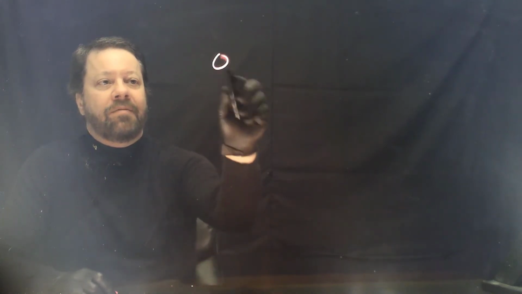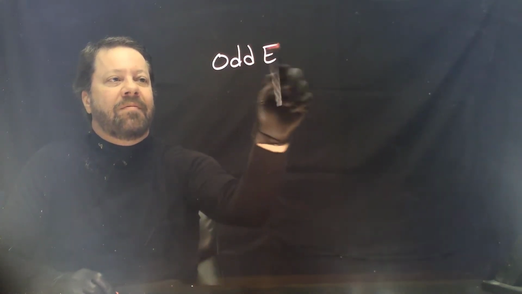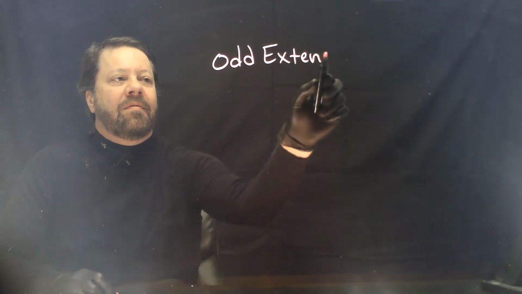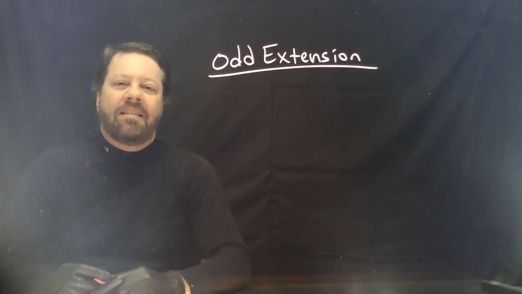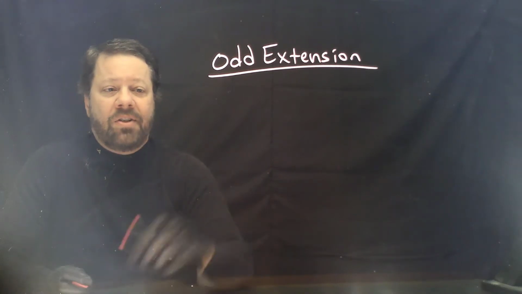In order to express this solution, we need some notation. In particular, we need to define what we mean by the odd extension of a function. We'll define this in two steps.